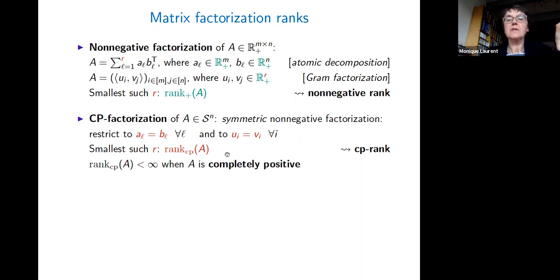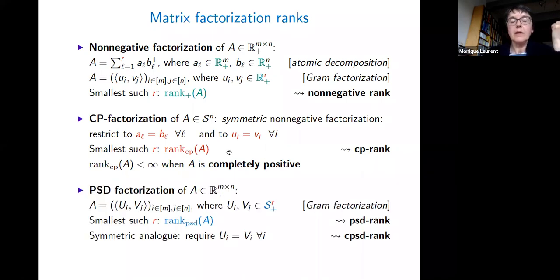And then you will get the notion of completely positive rank. The completely positive rank does not always exist, because not every matrix has such a nice symmetric factorization. When it has, it's precisely when the matrix is completely positive. And in that case, you are interested in finding the CP rank of the matrix.